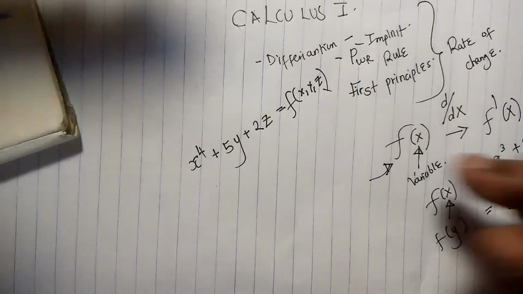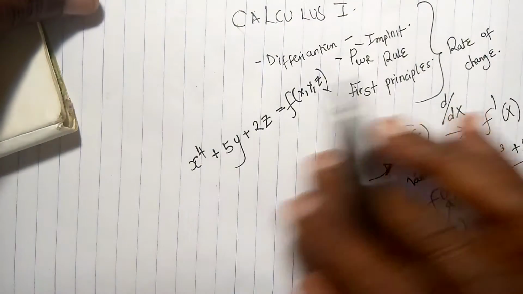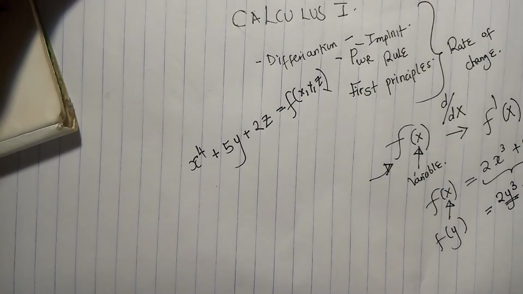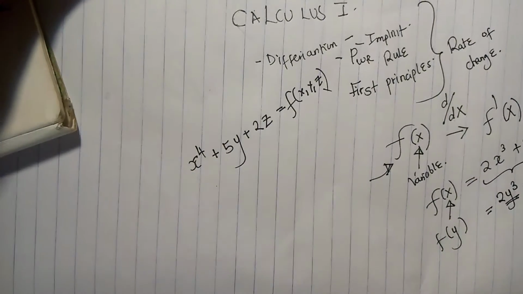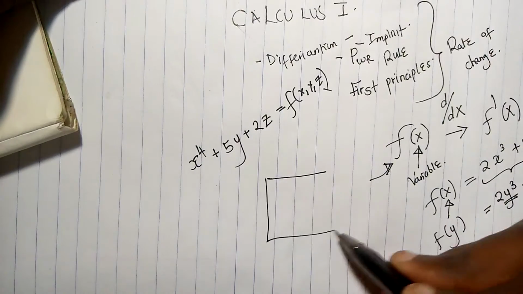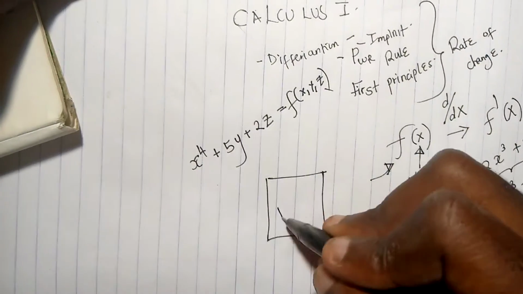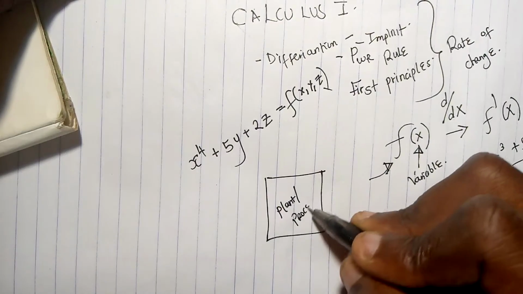So basically, a function can be an equation that describes the characteristics of a particular block or a plant. For engineering students, you realize that when you have a plant, it can either be a plant or a process.